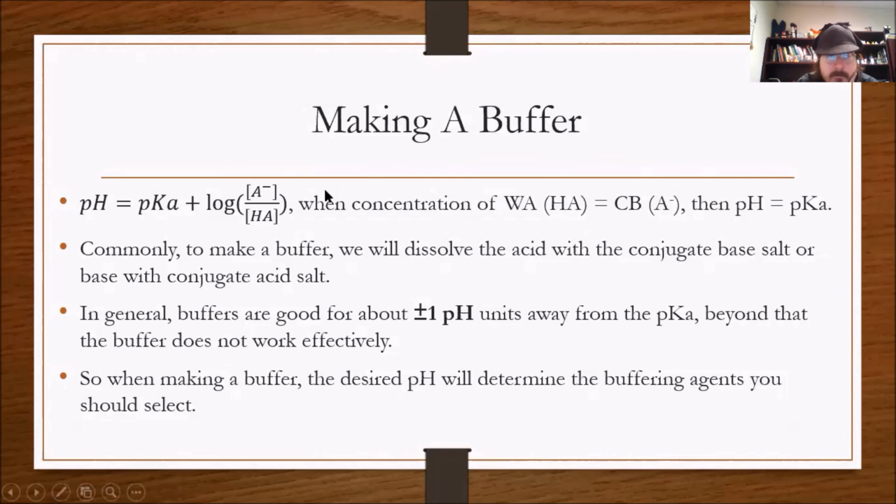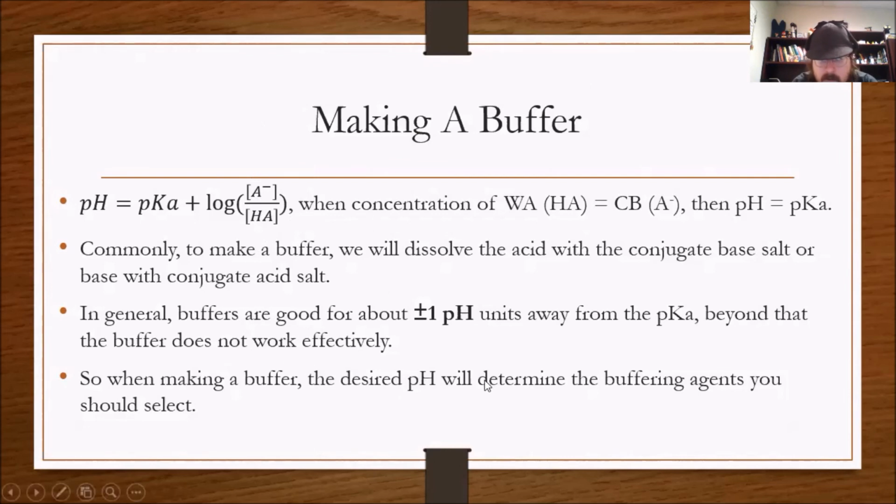Every time to get a change of 1, you have to have one of these numbers 10 times greater than the other. If you want a change of 2, you have to have one of these numbers 100 times greater than the other. And if that's the case, the buffer is only going to work well in one direction.